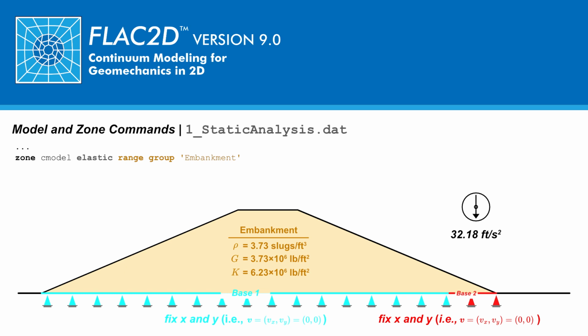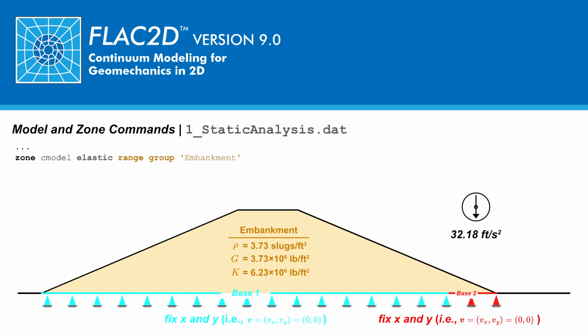In this analysis, since all zones are embankment, this additional part of the command is unnecessary, but included here to highlight the use of the range group command. With the range group command, customized assignment can be produced based on the group names. For example, if shell and group names were assigned as part of the meshing option in Sketch.